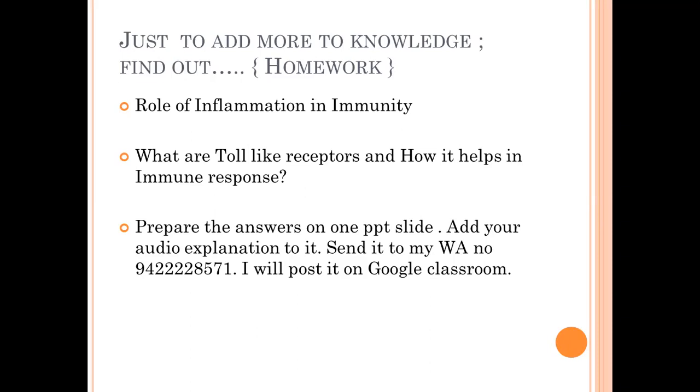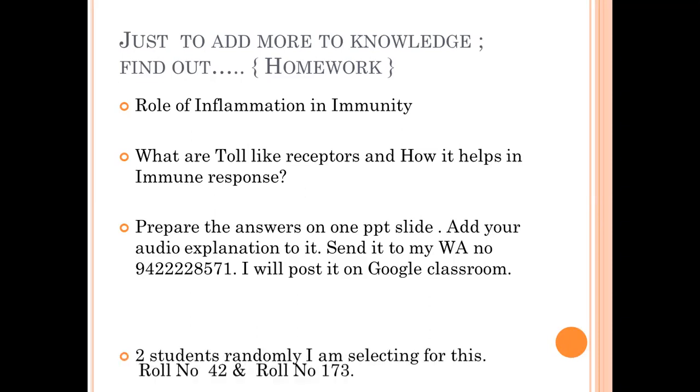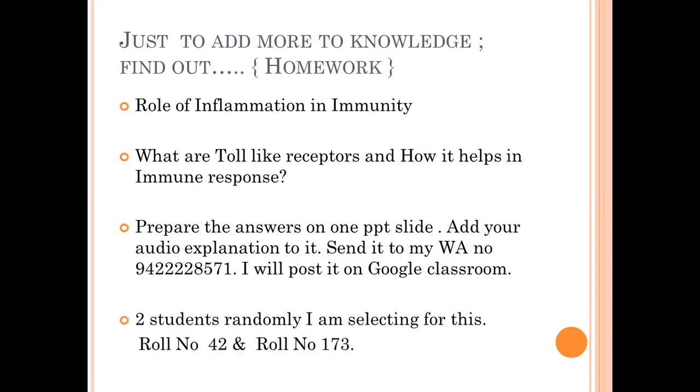Now, posting two answers from everyone will be difficult for me. So I am going to randomly select two roll numbers: roll number 42 and roll number 173. These two students have to choose one of the two questions.